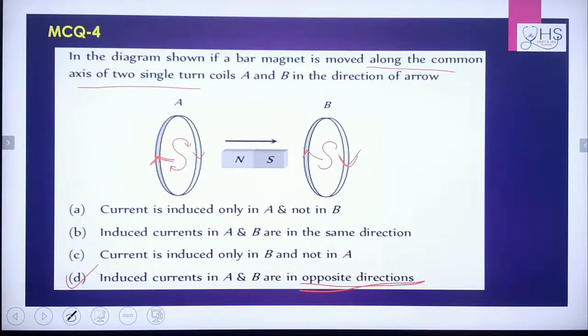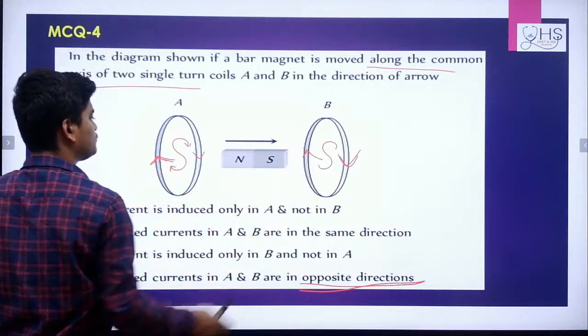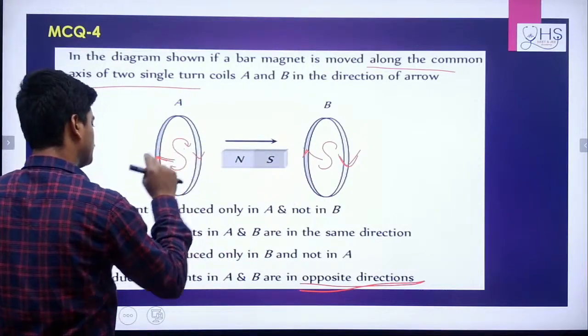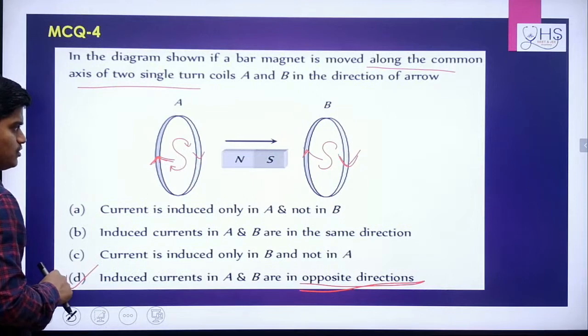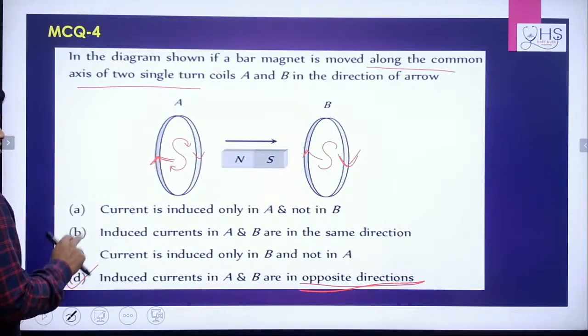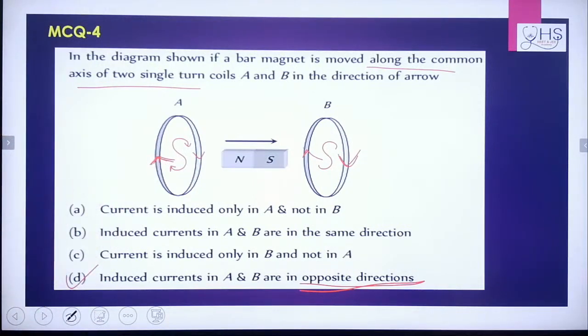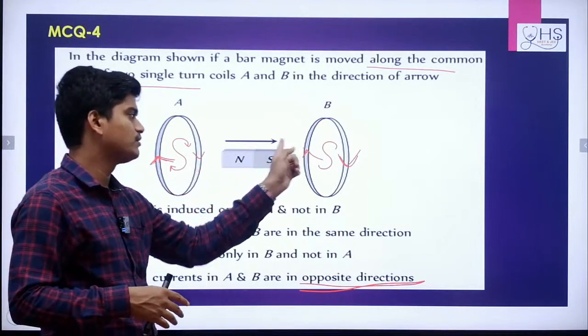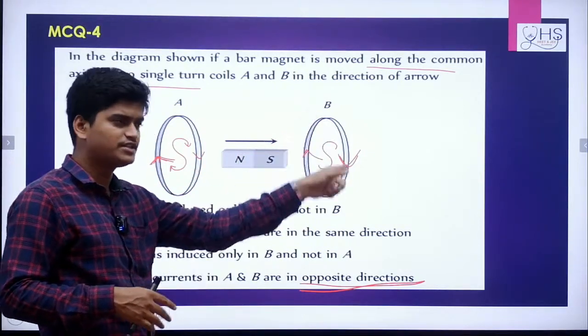Try to understand. This Lenz's law looks a little difficult for identifying the induced current direction, so be careful. When the south pole is coming, the coil will try to repel, because flux is increasing and it will try to decrease the flux.